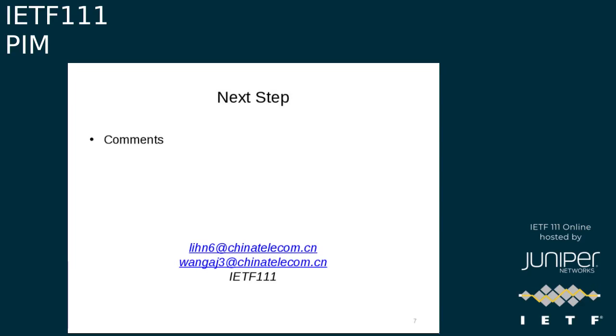So MSNP was designed around the premise that you wanted to minimize sources sending data when there were no receivers actually listening, and it would help control the extraneous flow of data, especially when you're talking about a rendezvous point that was potentially far away.